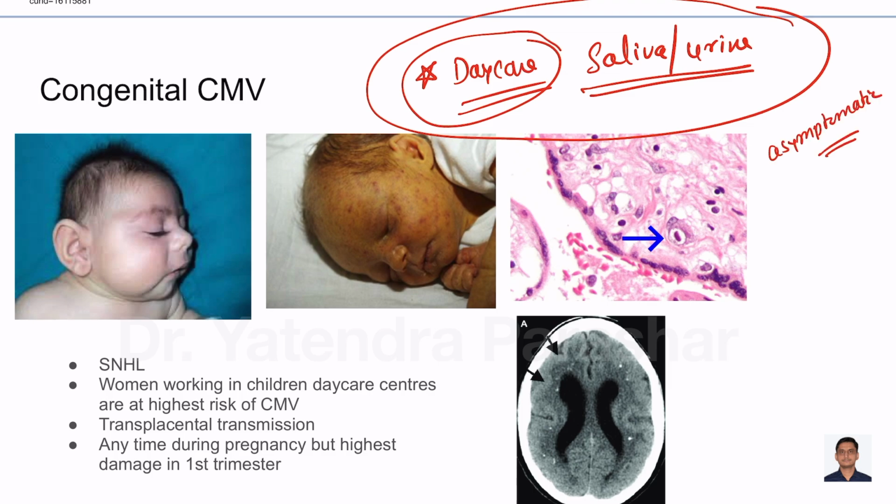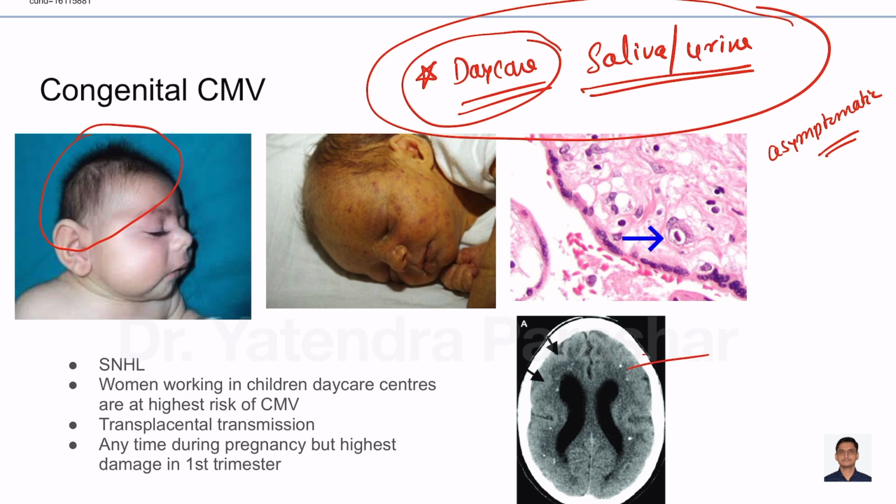Most newborns are asymptomatic at birth but can develop sequelae later in life. The most common clinical presentation is sensorineural hearing loss, periventricular calcification, and microcephaly. In this picture, this newborn has microcephaly.